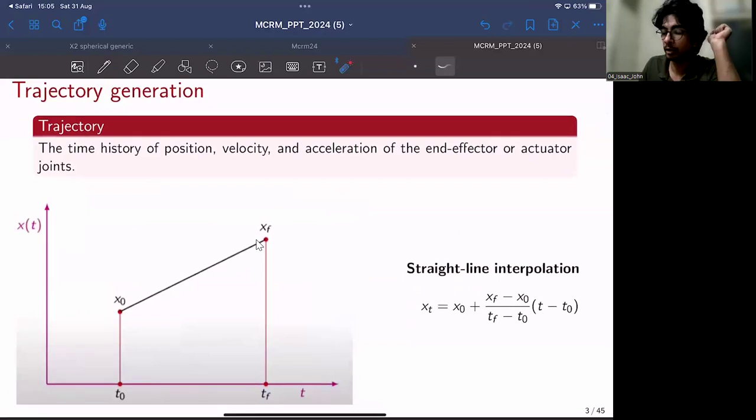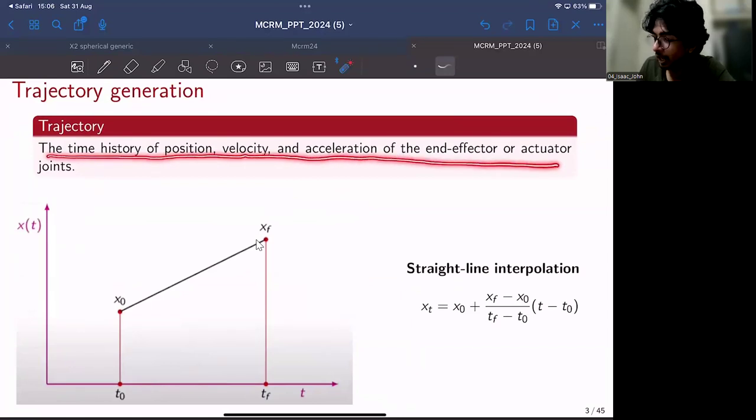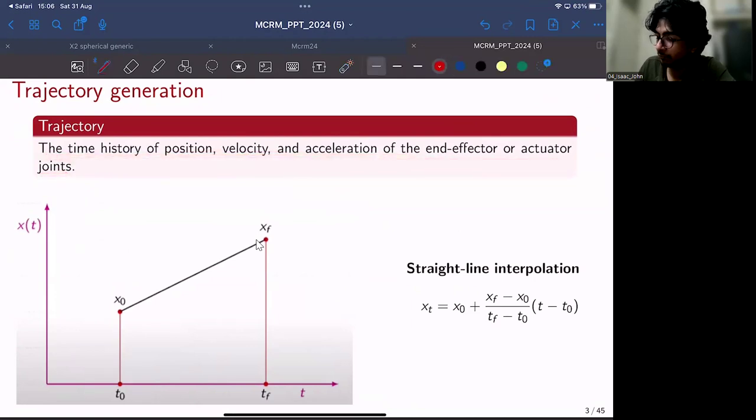Now we move on to topics on trajectory generation, how to generate various relevant trajectories. Another definition of trajectory is that it is a time history of position, velocity, and acceleration of the end effector or actuator joints. For example, consider a single link robot with a revolute joint, attached to the ground by a single rotary joint.